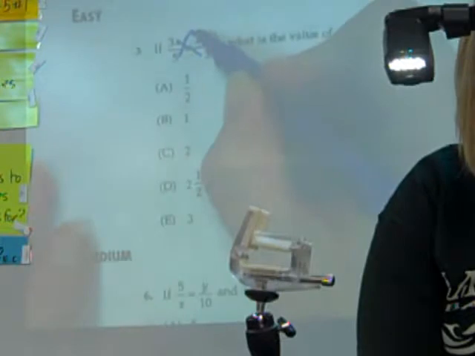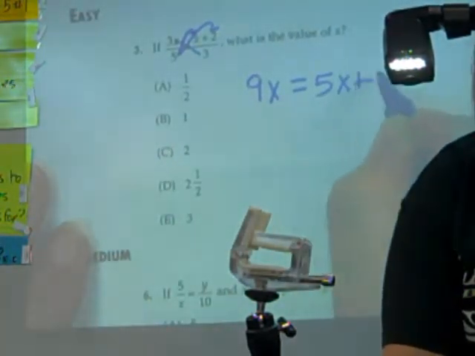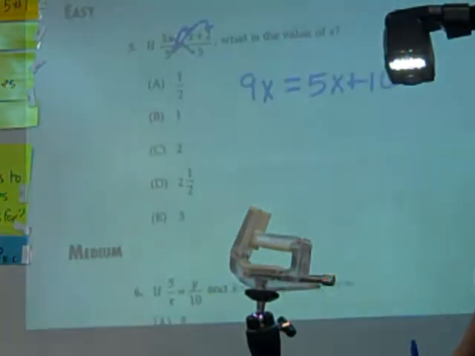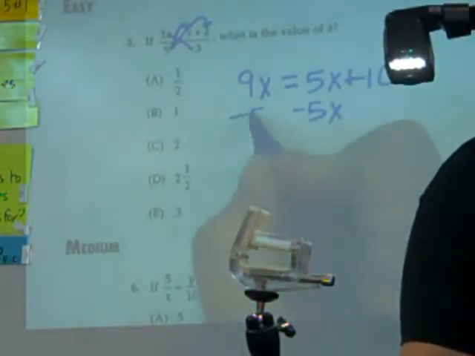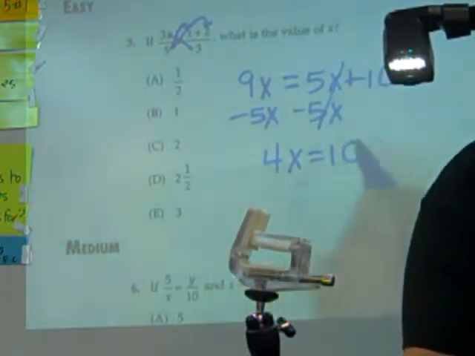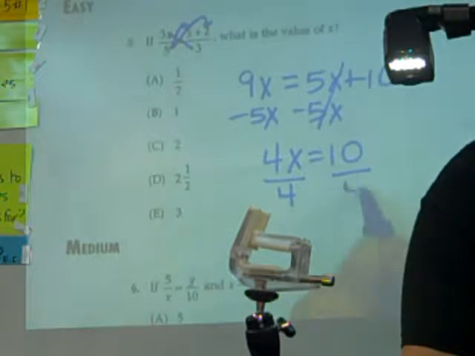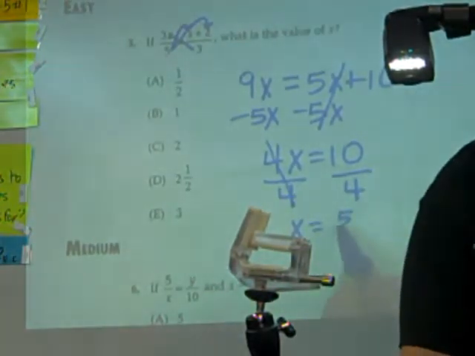It's 5 times x and 5 times 2. So 5x plus 10. And then get the x's together on one side. And then divide both sides by 4. So that's 5 halves, or 2 1/2.